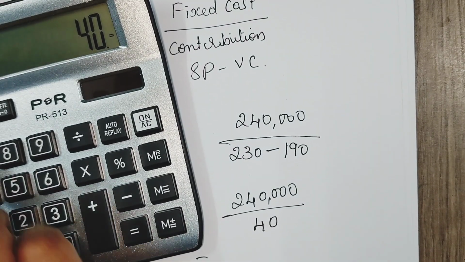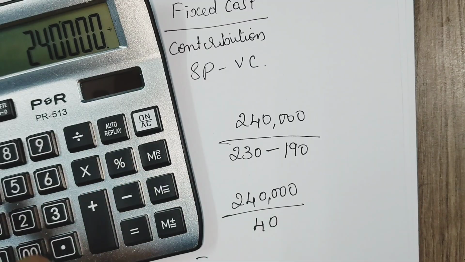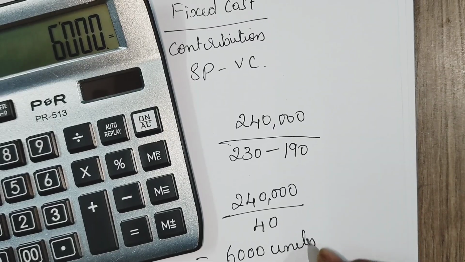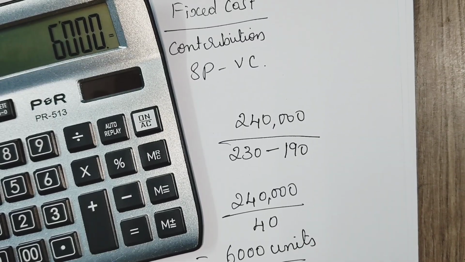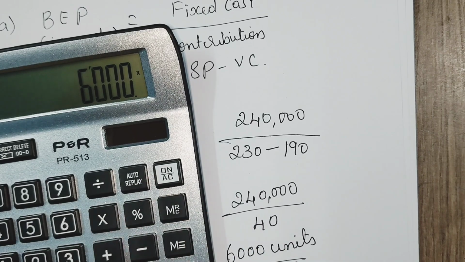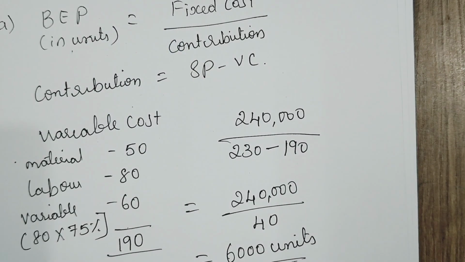Now units: 2,40,000 divided by 40 is 6,000 units. So what is your sales? 6,000 units into 230 per unit gives 13,80,000 as your sales.